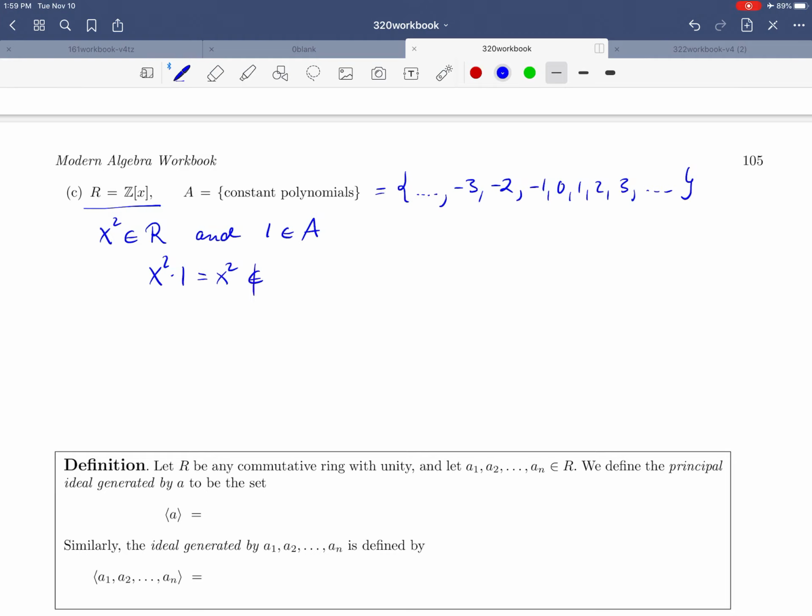That is decidedly not a constant polynomial, so that is not in A. And so A is not an ideal in Z adjoin X.